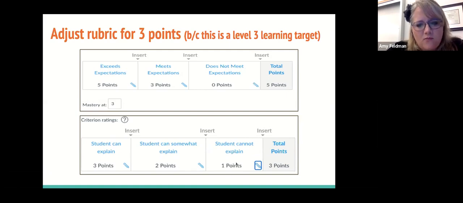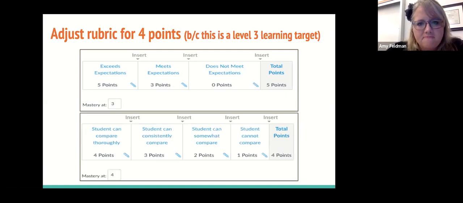Student cannot is 1 point, and I'll explain that again later. Here is an adjustment for level 4. So students can compare, students can consistently compare, students can somewhat compare, and students cannot compare, okay? And that one's out of 4. So every learning target is worth 2 points, 3 points, or 4 points because it's a level 2, 3, or 4. Okay.